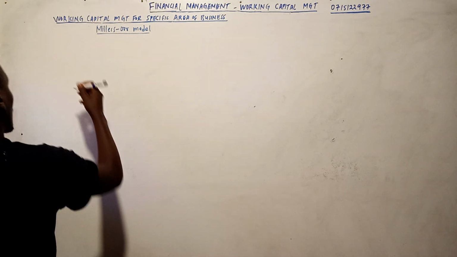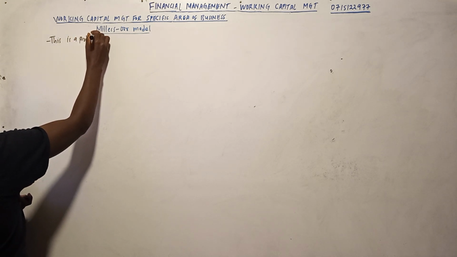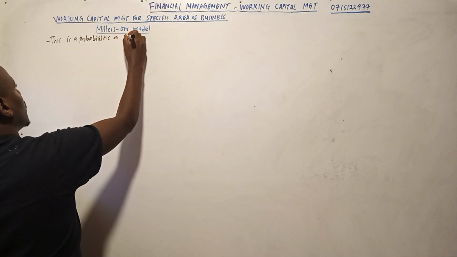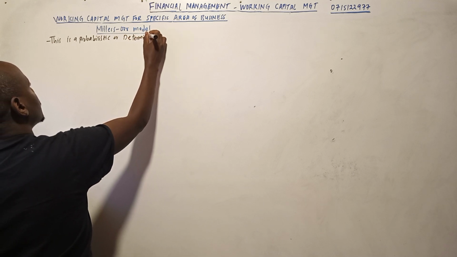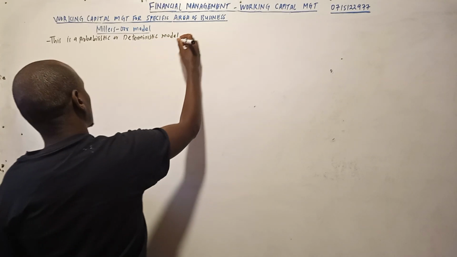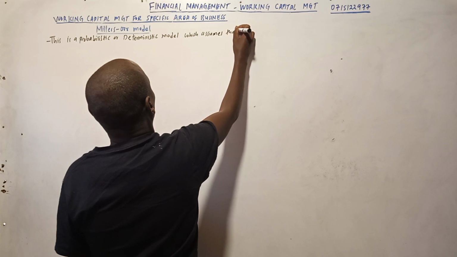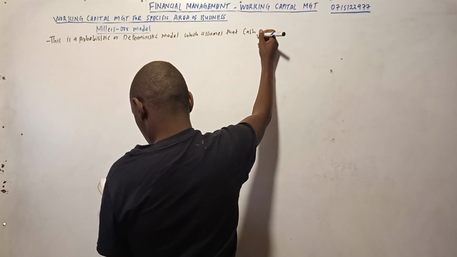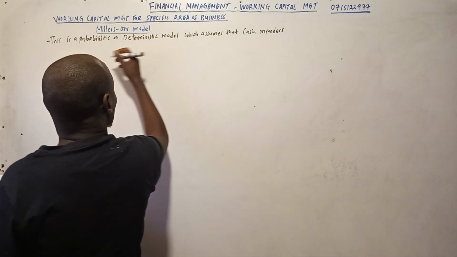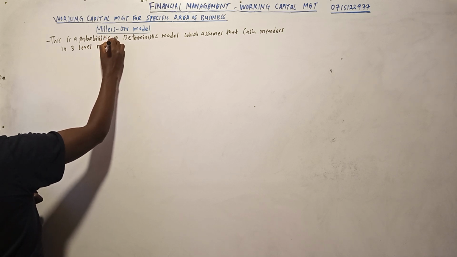So this is a probabilistic or deterministic model, which assumes that cash meanders in three levels.